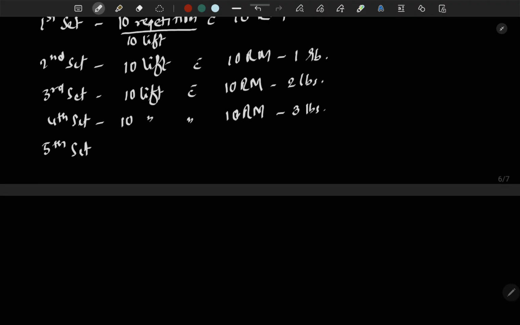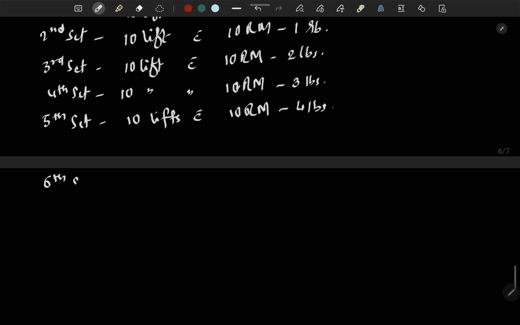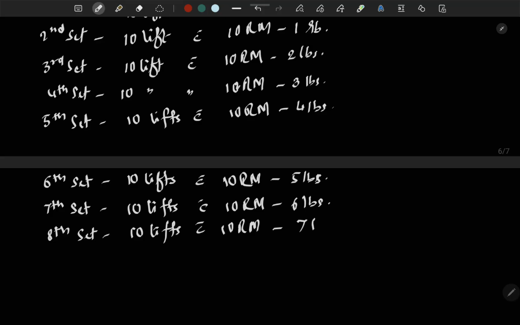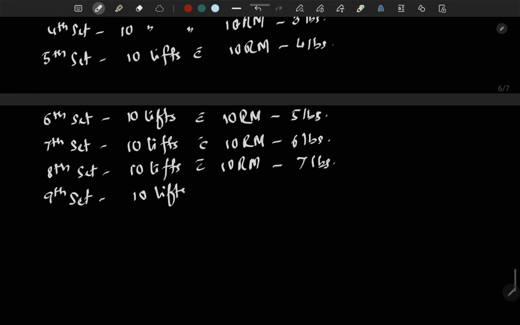Fifth set, 10 lifts with 10 RM minus 4 pounds. 6th set, 10 lifts with 10 RM minus 5. 7th set, 10 lifts with 10 RM minus 6 pounds. 8th set, 10 lifts with 10 RM minus 7 pounds. 9th set, 10 lifts with 10 RM minus 8 pounds.